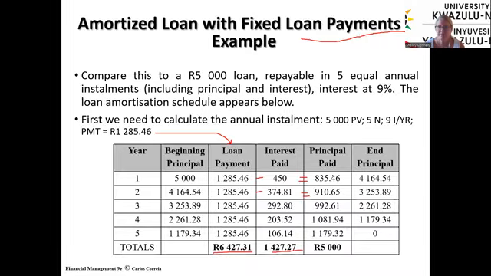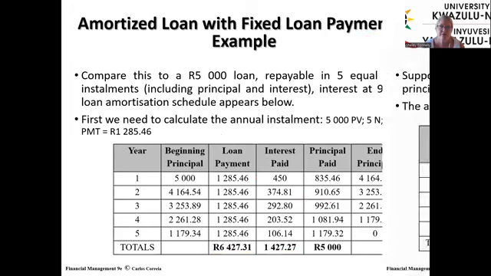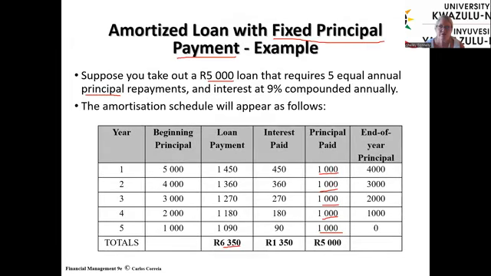So, for example, these 3 years here, you're paying off the loan itself at less than 1,000 Rand a year, whereas the previous way you were paying off 1,000 Rand from the beginning, and that meant that your interest would be lower.